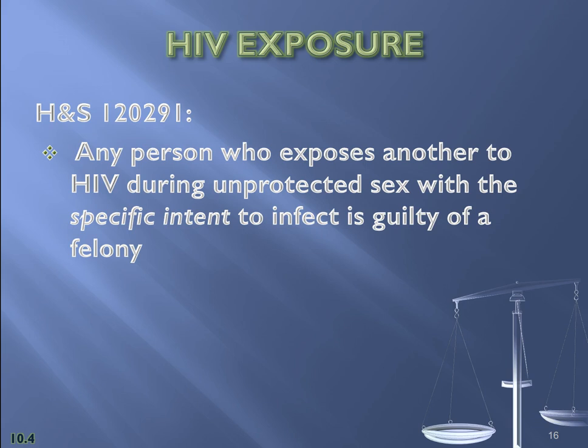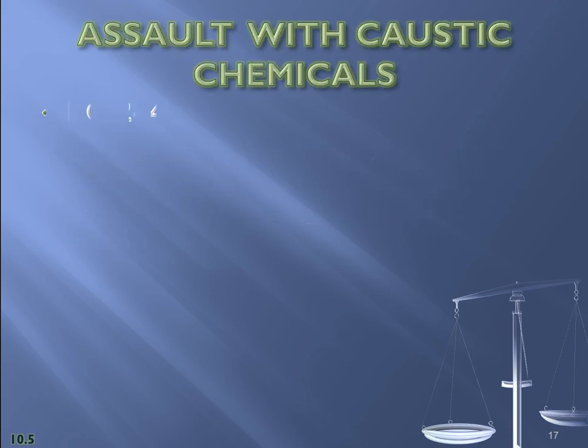And remember, a lot of times the codes will tell you if there needs to be specific intent. So how would you prove that? Maybe by inferences of actions of the suspect, maybe by something they wrote down or said, or circumstantial evidence or whatever, but you would have to show specific intent in order for this particular section to work.